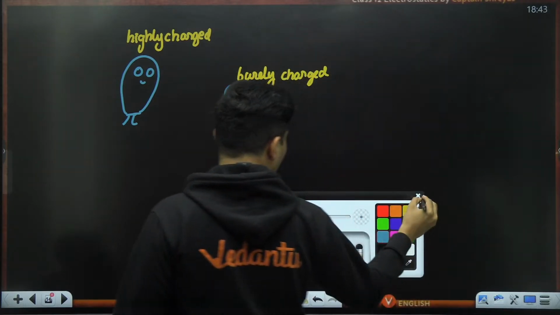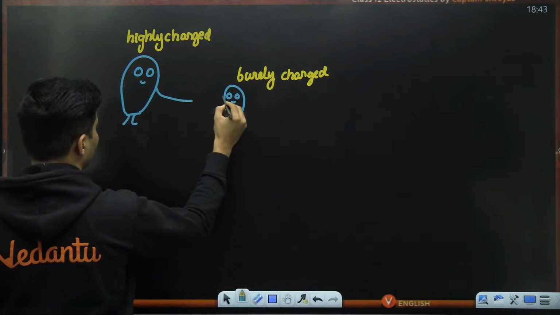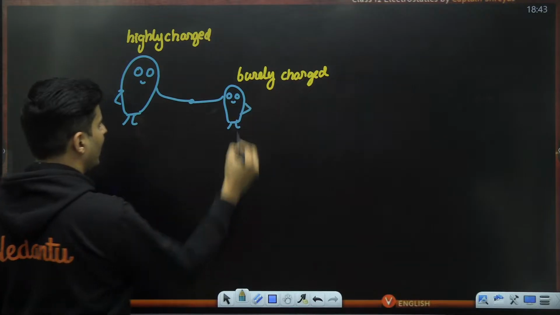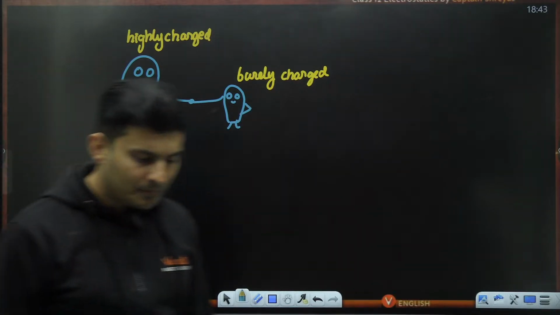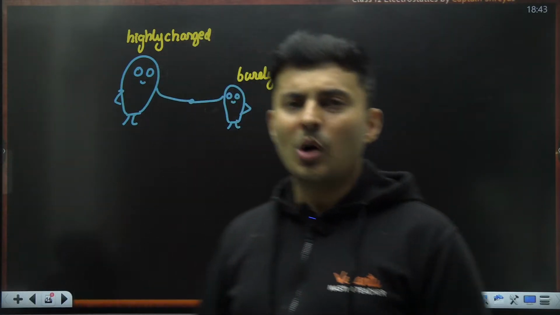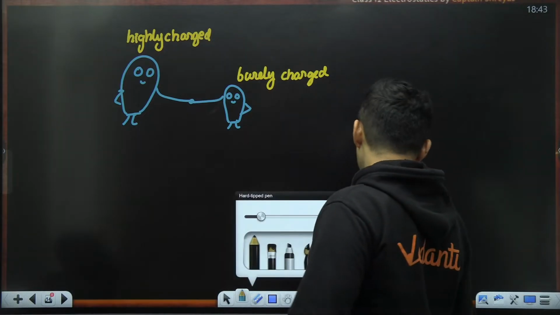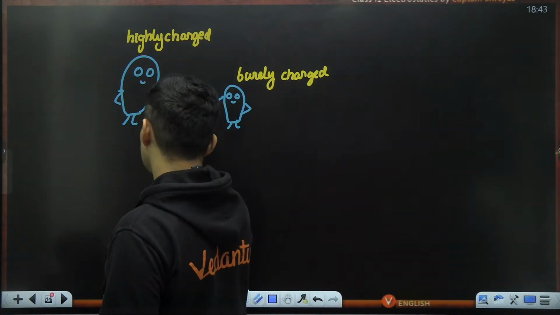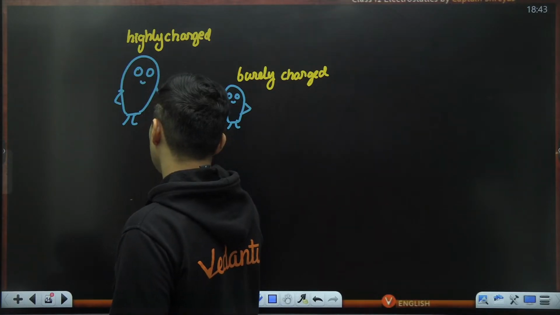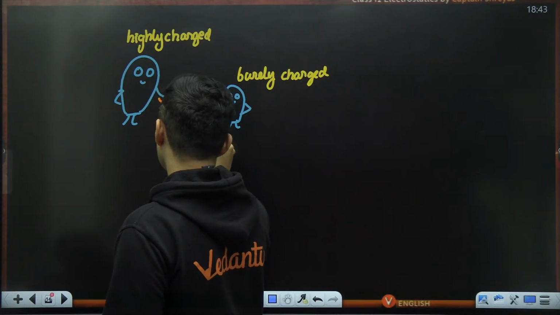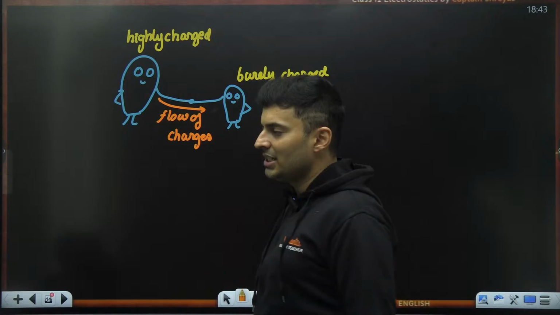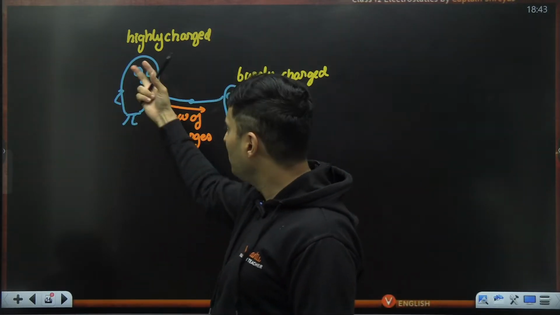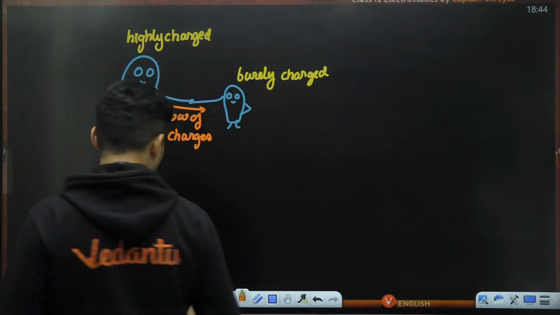Now imagine they meet each other. These two Pandus meet after a long time, and they shake hands. What do you think will happen? Immediately, there will be a flow of charges. Why do the charges flow from highly charged to lowly charged? Usually the potential is higher over here.